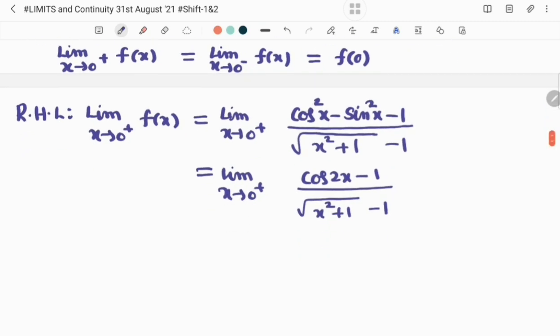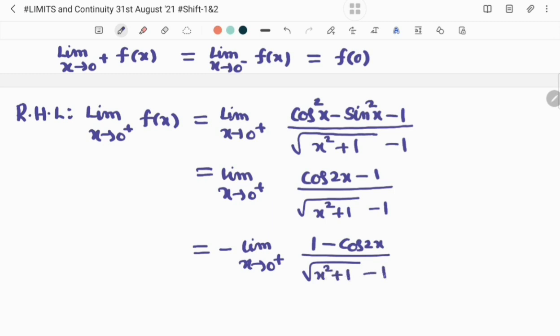It is 1 minus cos 2x; we have a formula for that, but root of x square plus 1 minus 1 is there, so take minus common. Minus limit x tends to 0 plus (1 minus cos 2x) by (root of x square plus 1 minus 1).